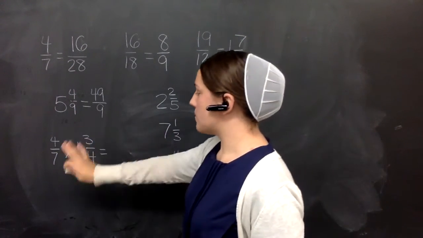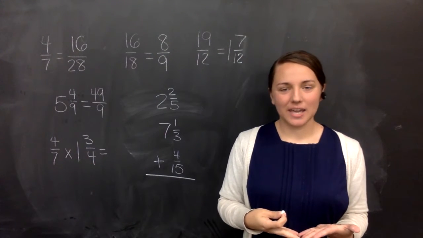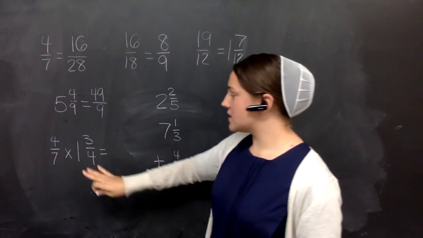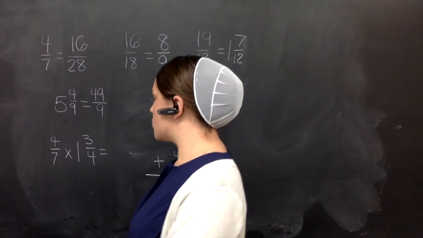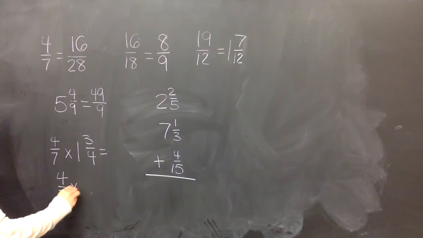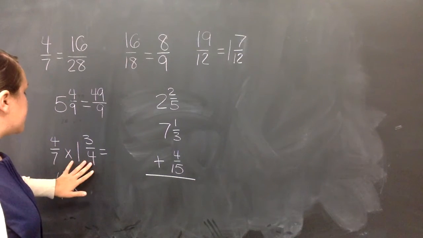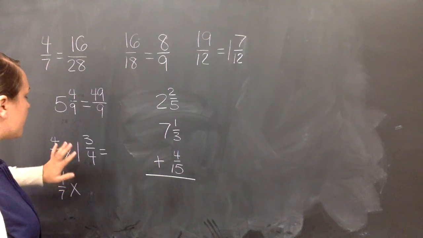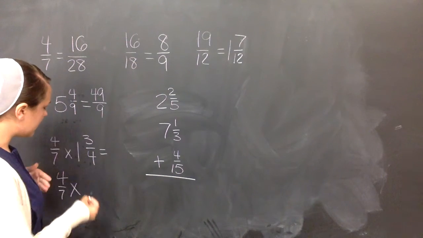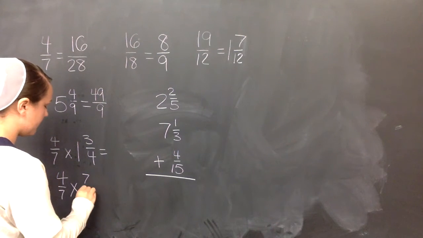Now we want to multiply a fraction and a mixed number. How can we do that? Or can we do that? Yes, we can, but first we need to make this an improper fraction. So we're going to go 4 over 7 times, now to make this an improper fraction, we're going to go our denominator times our whole number and add the numerator. So 4 times 1 is 4, plus 3 is 7, and our denominator stays the same.